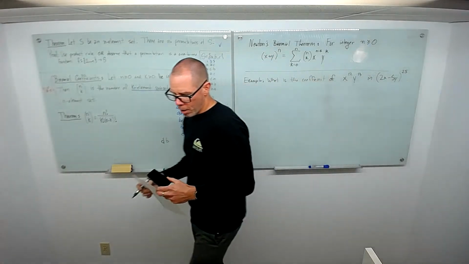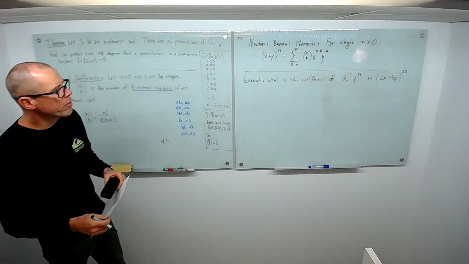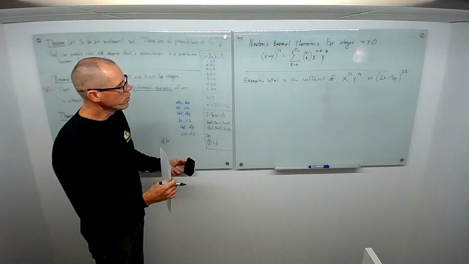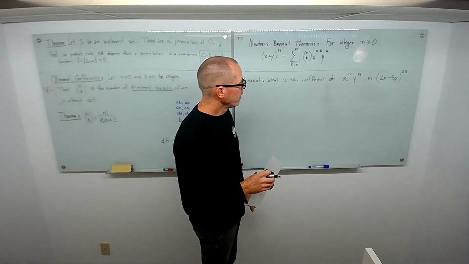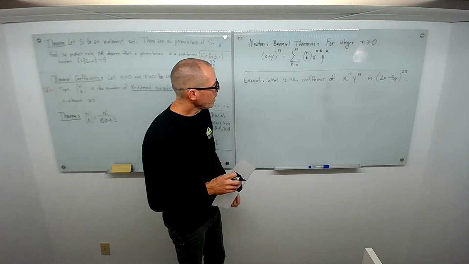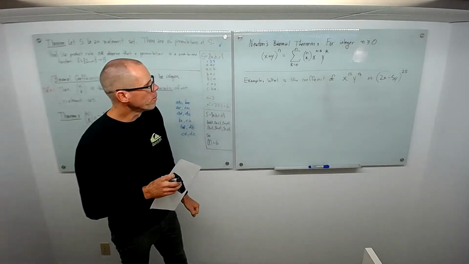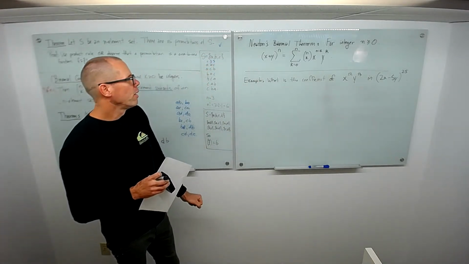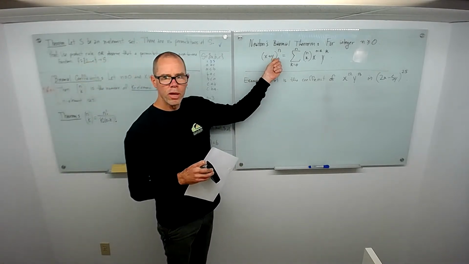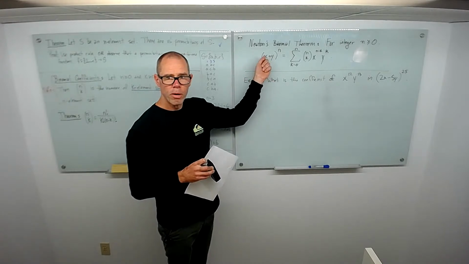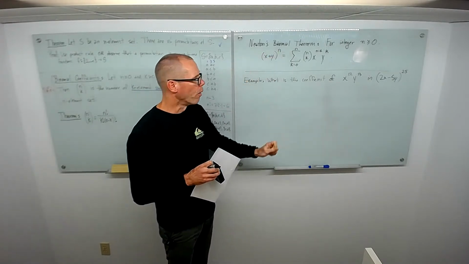Okay. And so the main point of this example is to show you that the application of Newton's binomial theorem really works whenever you have a sum of 2 things, even if one or both of them are negative, raised to an integer power.